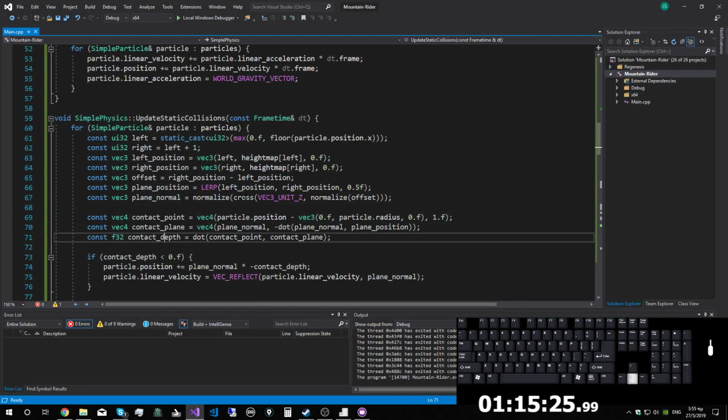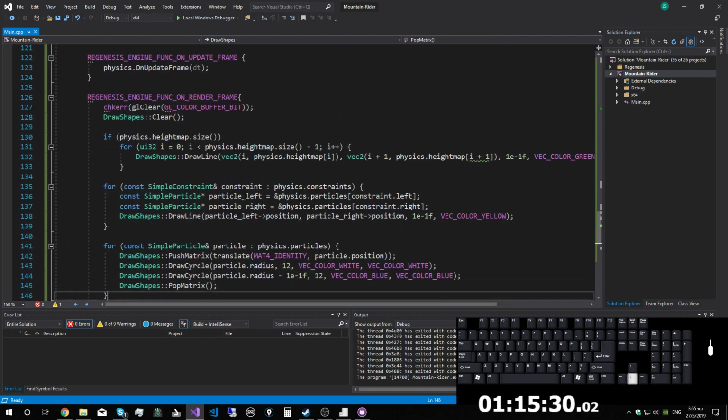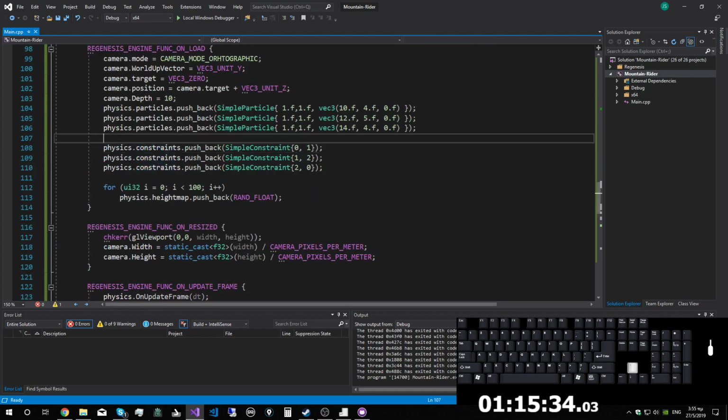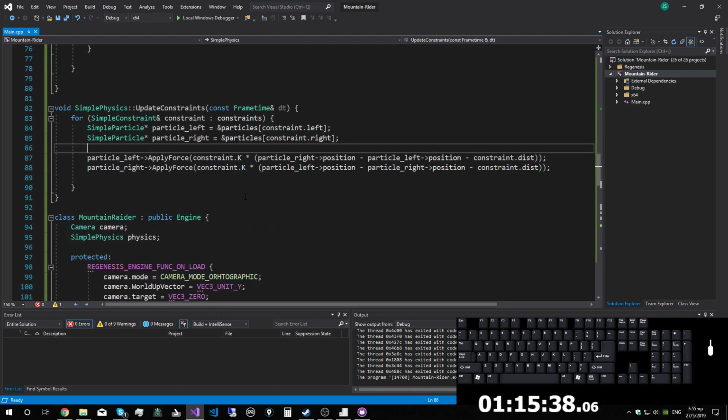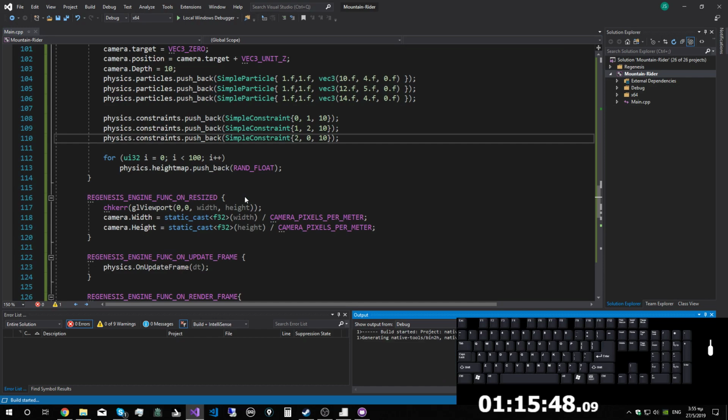Let's increment the k value and see what will happen. Is it that k value? Okay. Let's make 10. Please do not explode.